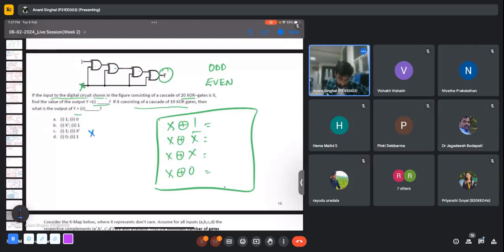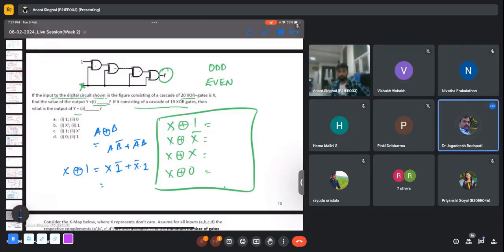If I write the expression for A XOR B, this is A B complement plus A complement B. So I can write X XOR 1 as X 1 complement plus X complement 1. So what will be the answer? X complement.